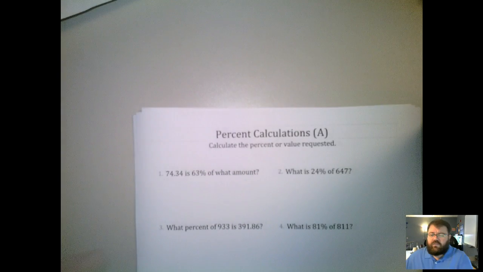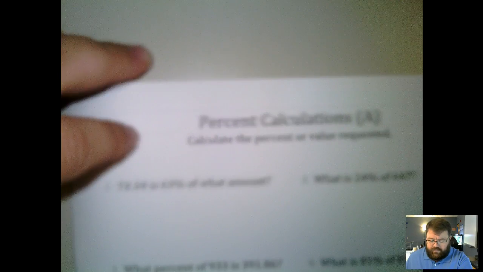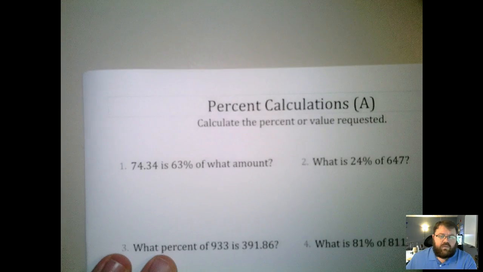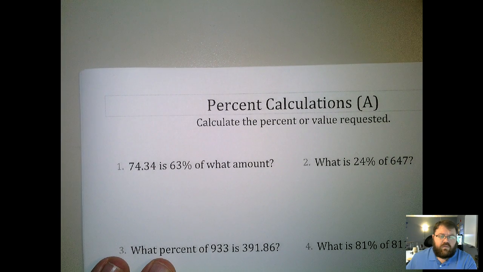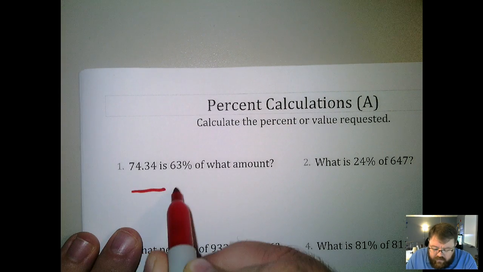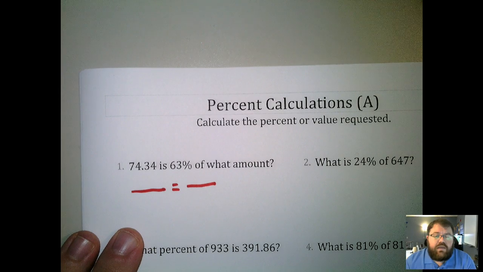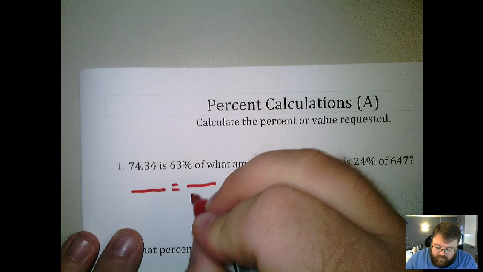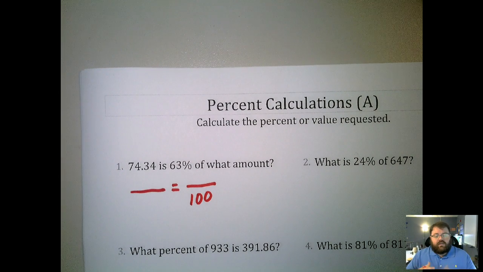So I'm going to start by saying line is equal to line. Now from here, I go ahead and fill in my 100. Now the next thing that I want to look for is the percent.